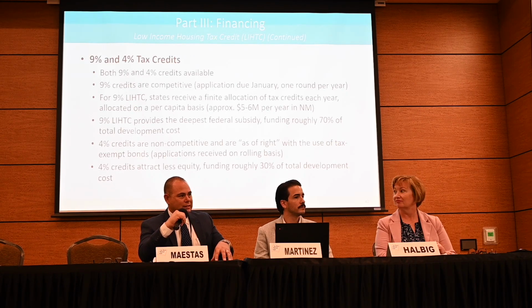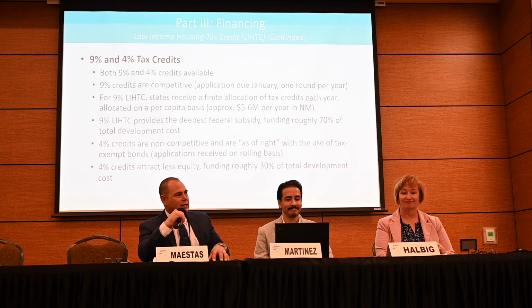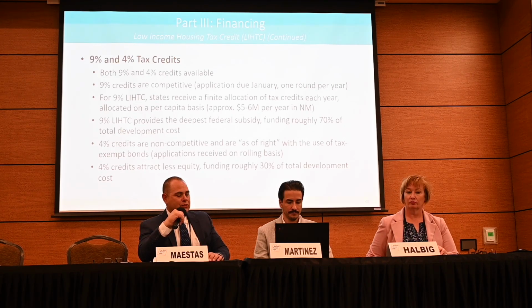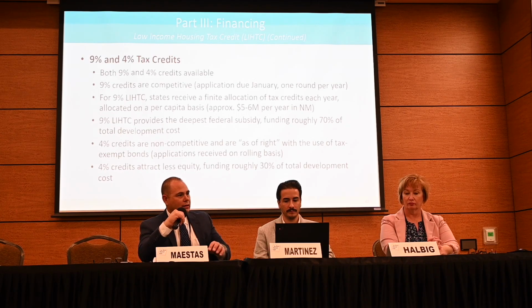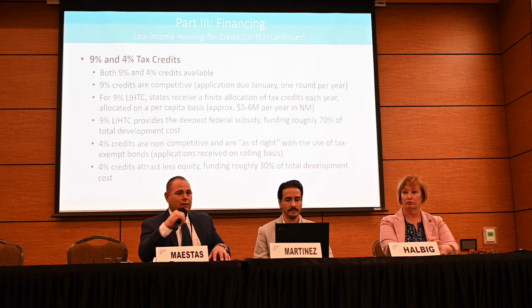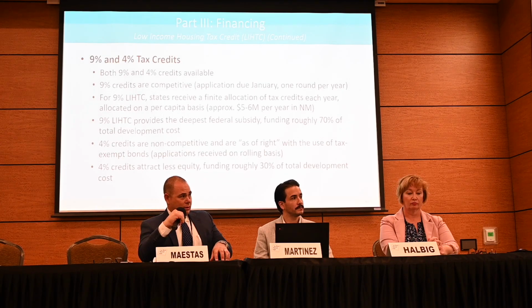Our department stops what we're doing and we score these applications, and the applications that rise to the top start going through an underwriting process and an approval process that currently lasts all the way until May, and the final step in our approval process is taking our recommended projects to the board in May. So there's a lot of work that goes on behind the scenes till we get there.